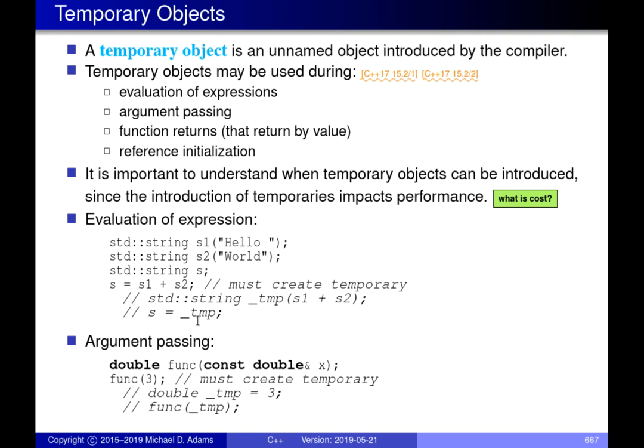So what's implied in all of this, in addition to the fact that you're doing the assignment, is that because you're creating this object, the compiler is going to invoke the constructor for a string to create _temp. And then when you reach the end of the lifetime of that temporary object, it's going to call the destructor. So in addition to the other things we're doing, like the assignment, which is kind of unavoidable, no matter what, we're going to need to do an assignment, we're also doing this extra overhead of a constructor call and a destructor to actually create the string and destroy the string.